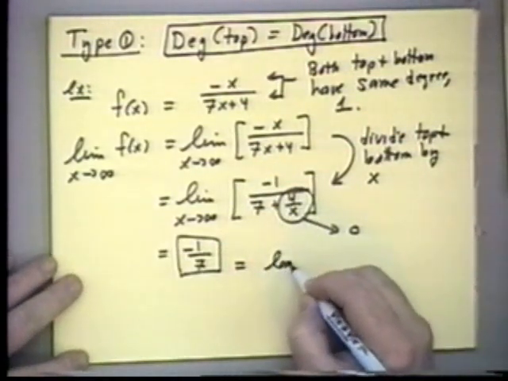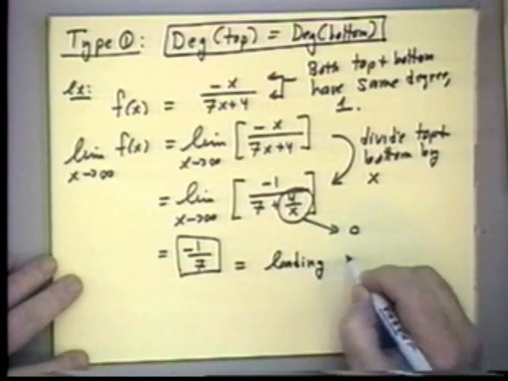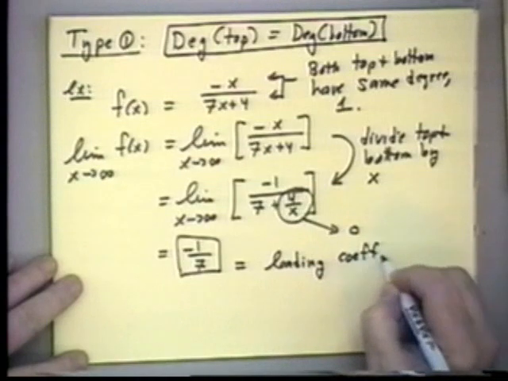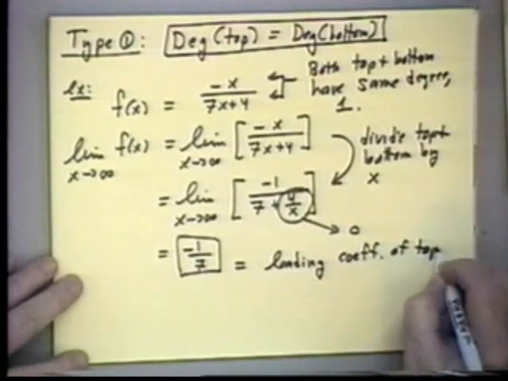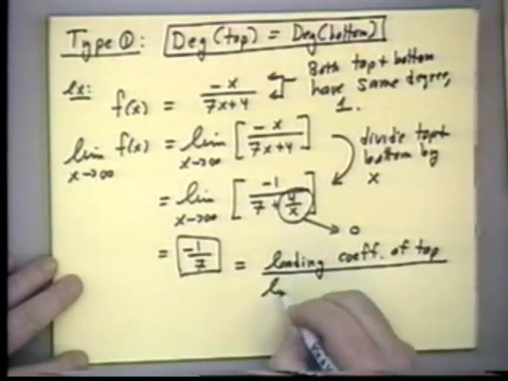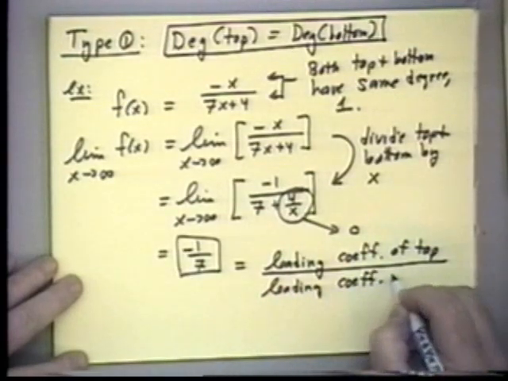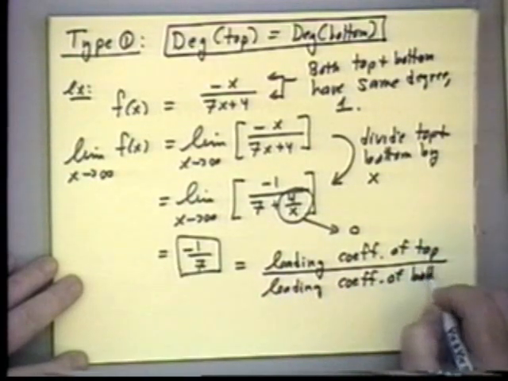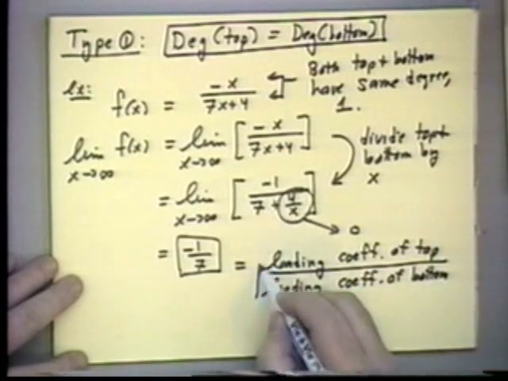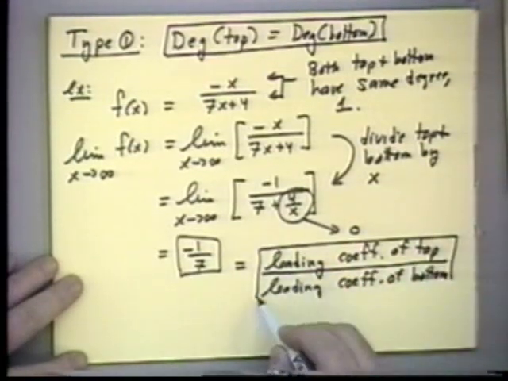And we can say that more specifically by saying the leading coefficient of the top is over the leading coefficient of the bottom. And leading coefficient always means the coefficient of the highest power of x. That's what leading means.